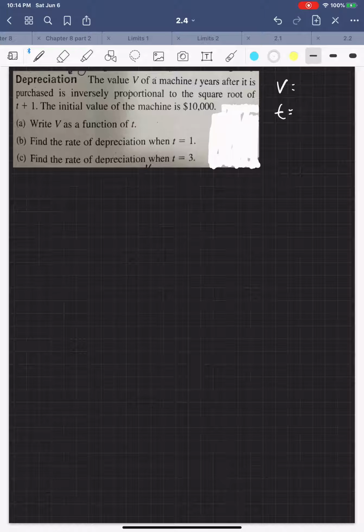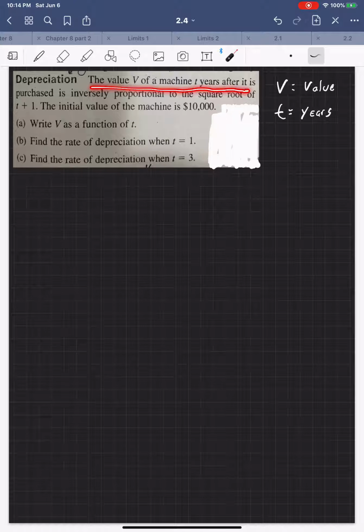So V is value, and T is time in years. Okay. Now, it says V, the value of the machine, T years after it's purchased, it is inversely proportional to the square root of T plus 1.